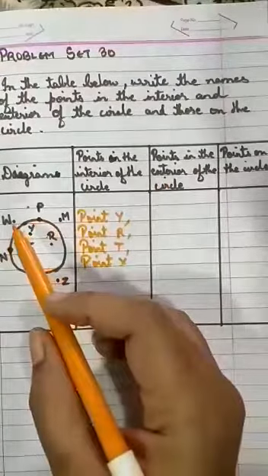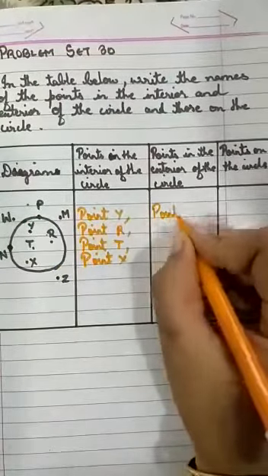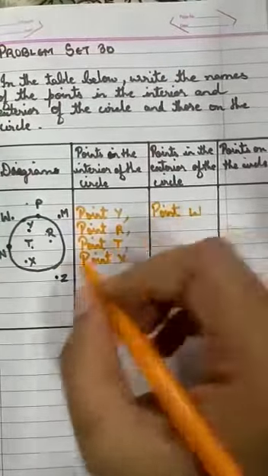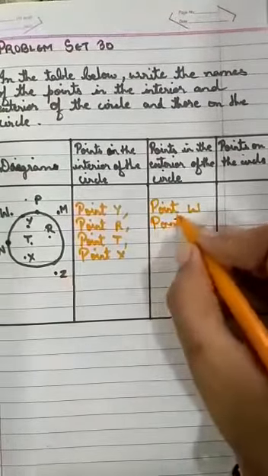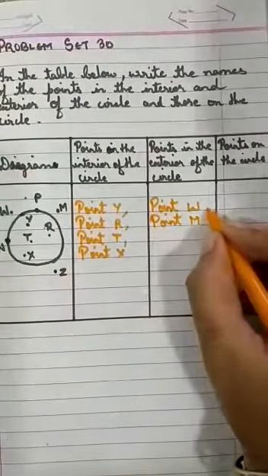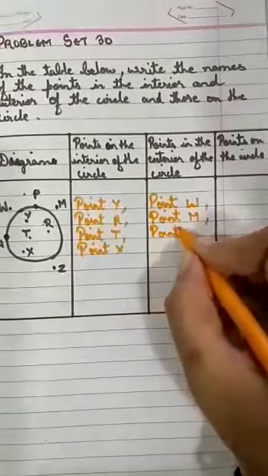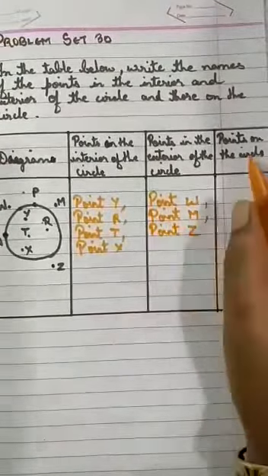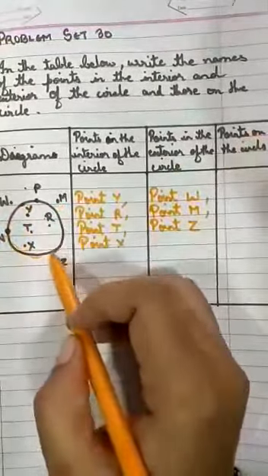So outside the circle, first is point W. Next point M. And next point Z. Next is points on the circle. On the circle means the points on this circumference.